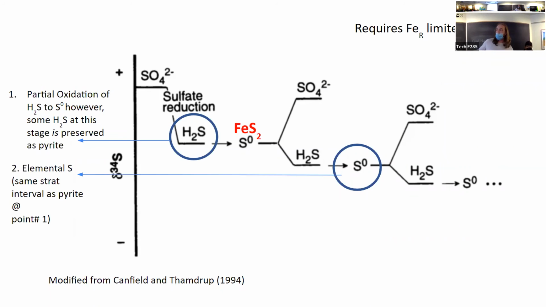If we go through this again, where this elemental sulfur that got created during sulfate reduction gets reduced again to make more H2S, now we have S0 in the same stratigraphic interval as this pyrite that's actually more negative than the pyrite that preceded it.